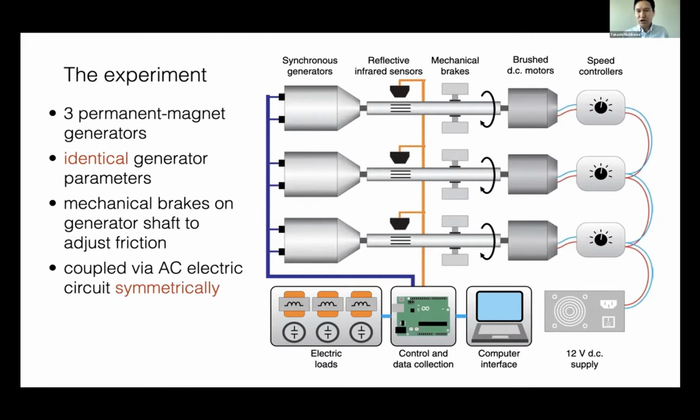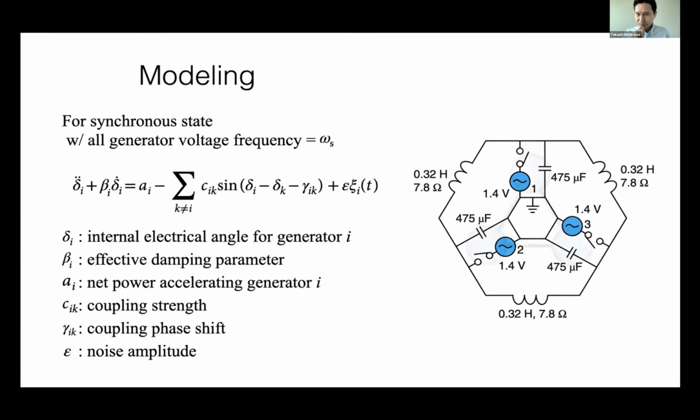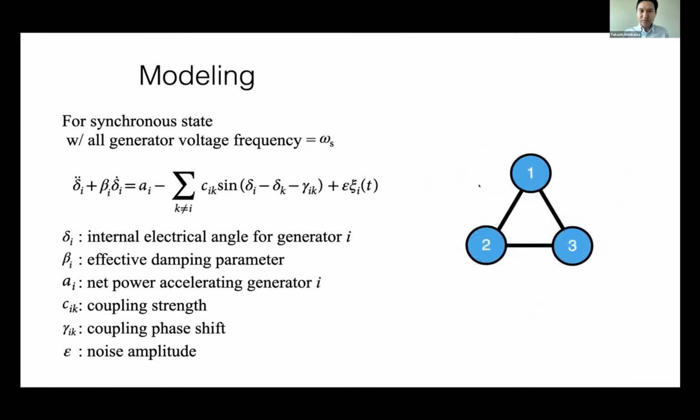And those generators are driven by DC motors and connected through an AC electric circuit in a symmetric way. So this allows us to model the system as a set of 3 oscillators coupled in a symmetrical way. And the equation of motion looks like this, where delta_i is the electrical angle of each generator, and beta_i is the damping parameter that's tunable.